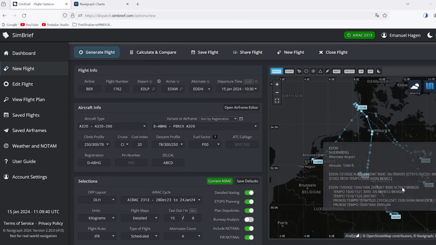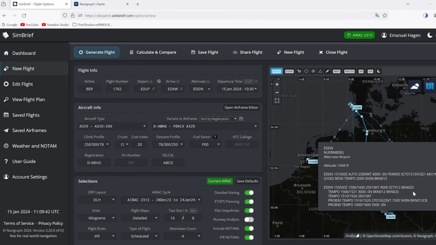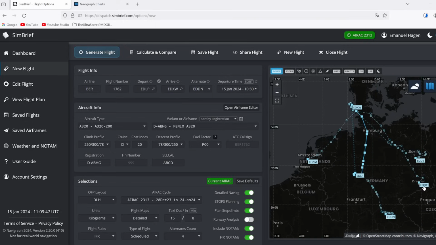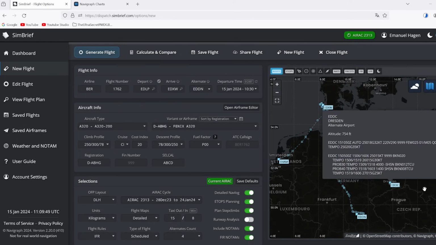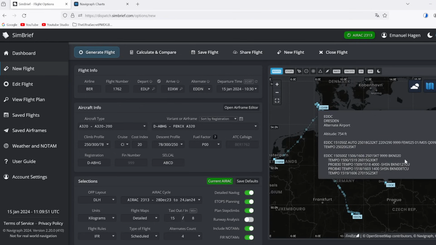If we have a look at the other airports, then we've got Nuremberg down here, which is basically snowing the entire day, so not really that good. Then we've got Dresden over here, which is giving us also snow along the entire day, and especially in the evening, but quite a couple of winds in the arrival time for us.